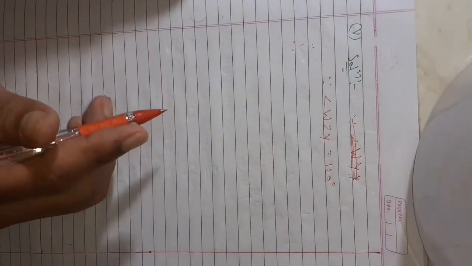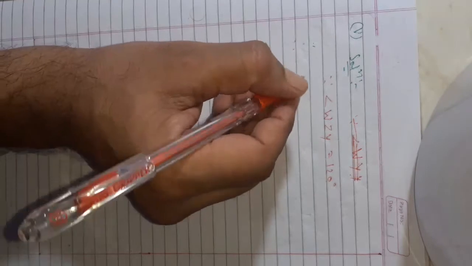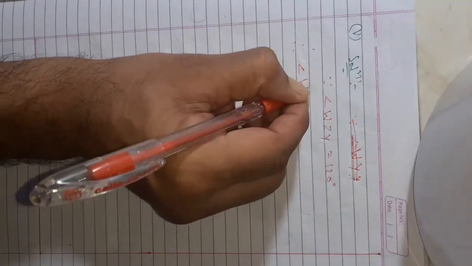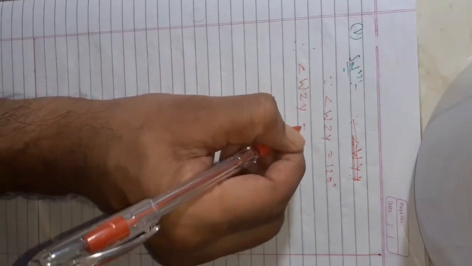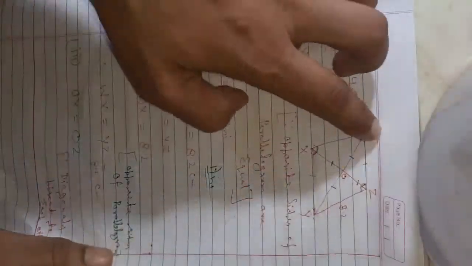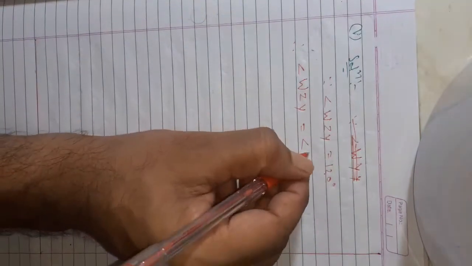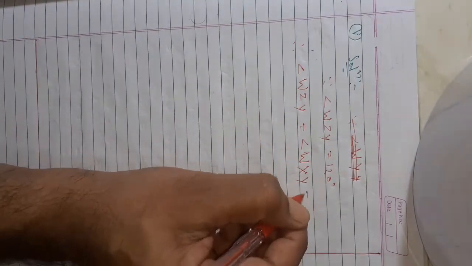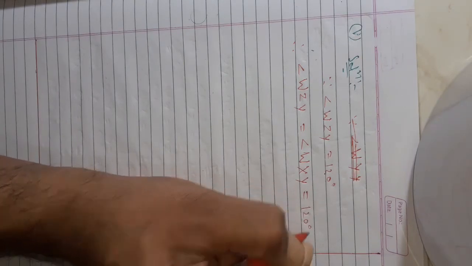So therefore angle WZY is equal to angle WXY is equal to what? 120 degree. Why?